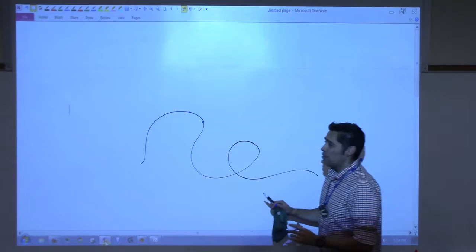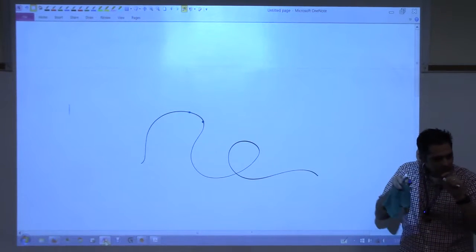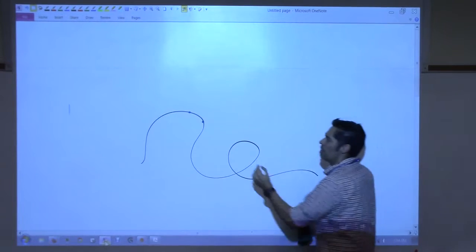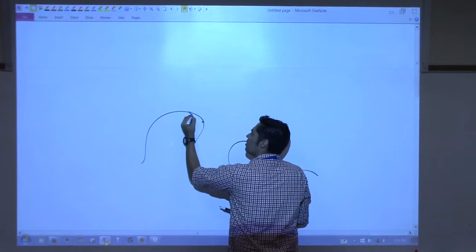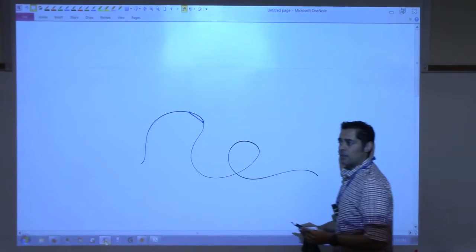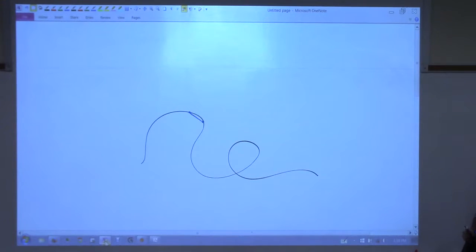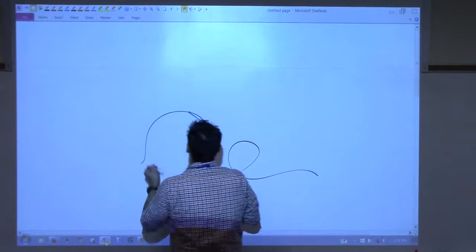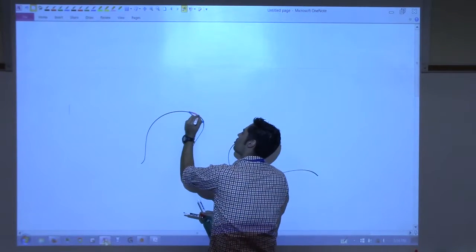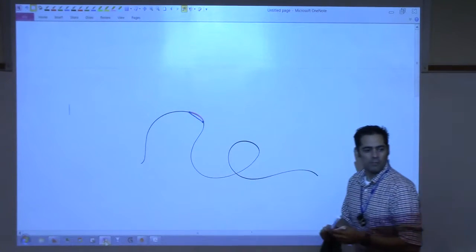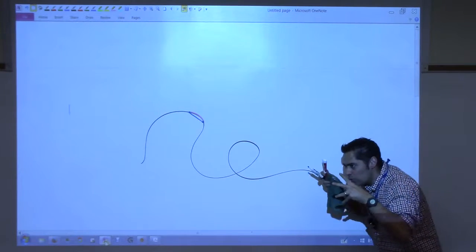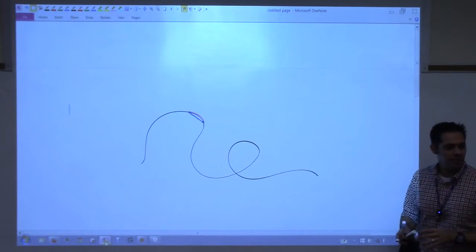And let's just say we've zoomed in like a million times. So we're looking at an infinitesimal little portion of the curve. If I can find some way to approximate that length, do you agree that that would be a decent approximation of this little arc right here? And the further I zoom in, the better my approximation gets?